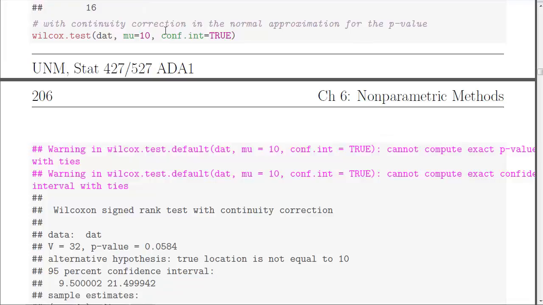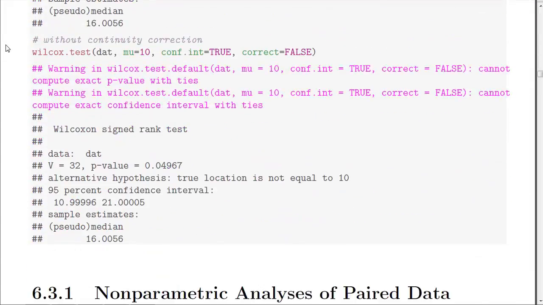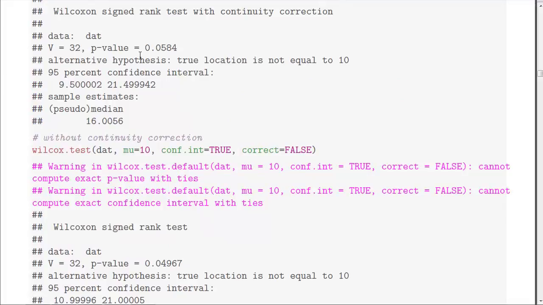One was to use something I call a continuity correction, which uses a normal approximation for the p-value. And the second test we did not use the continuity correction. And those two methods themselves have different conclusions, right? One is greater than 0.05, one's less than 0.05.